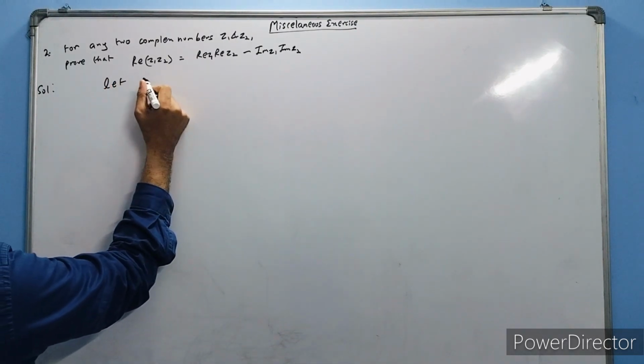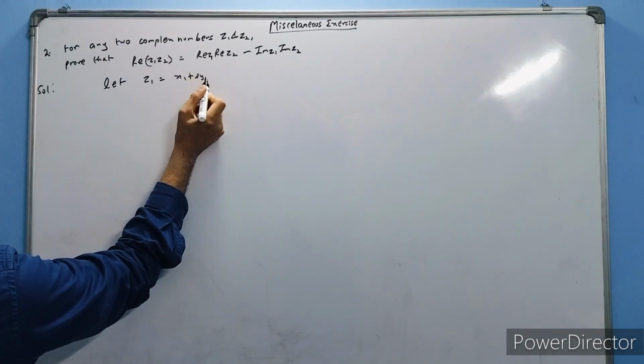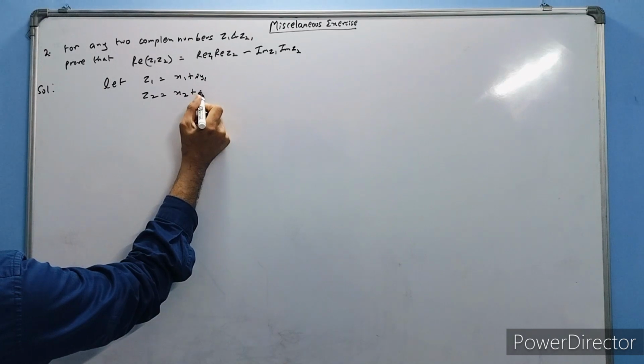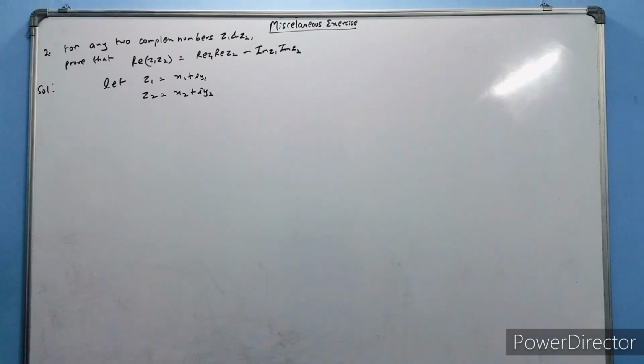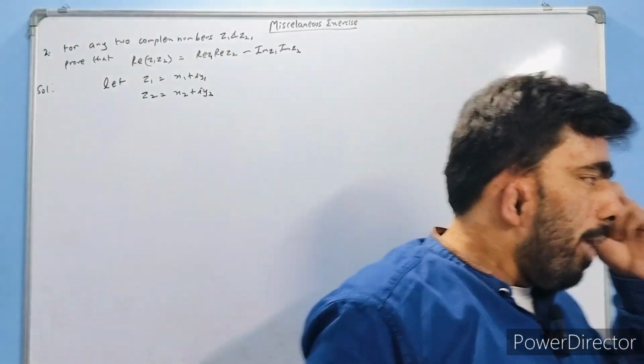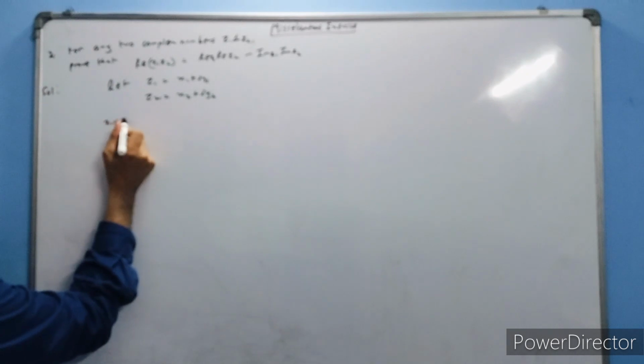Let us consider z1 is equal to x1 plus i y1 and z2 is equal to x2 plus i y2. So we can take such two complex numbers. Now let us multiply z1 and z2.